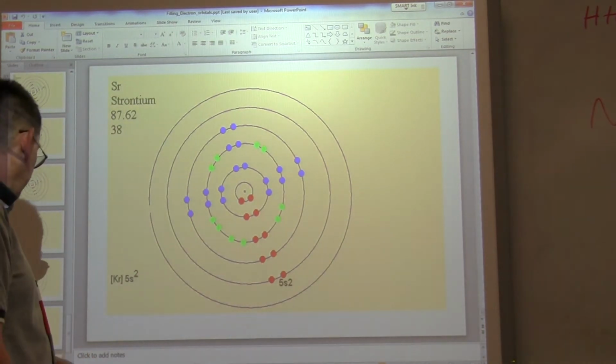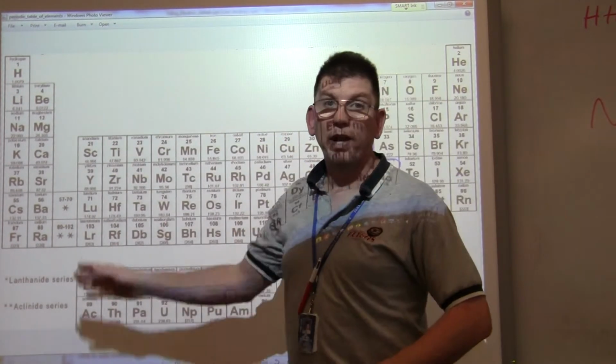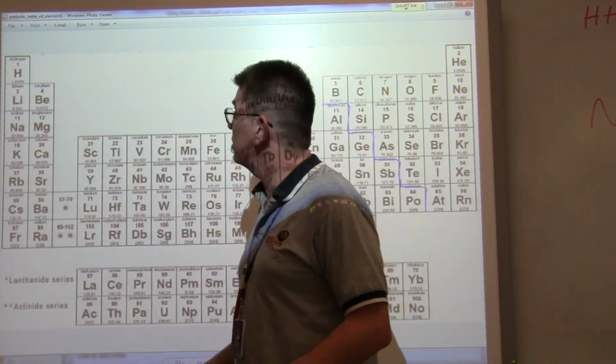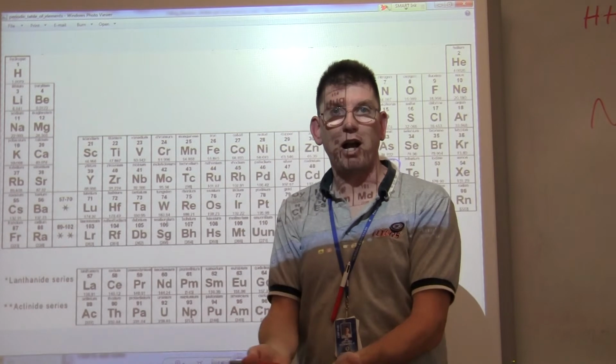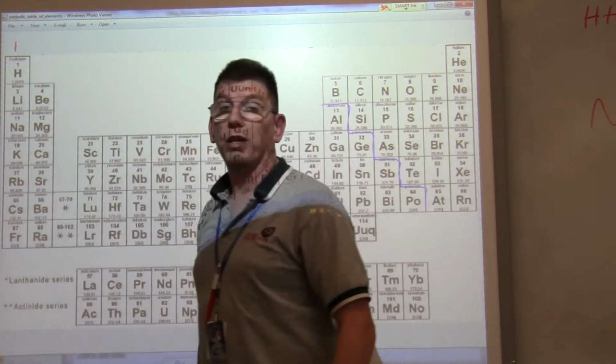All right, let me go back to the periodic table. So when we look at what happened, every time we jump to a next level, we can use the periodic table to tell us how many electrons are in the outermost shell or ring. In this group, you all have 1.